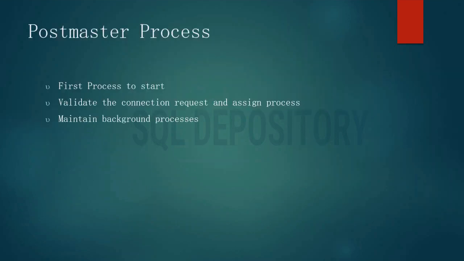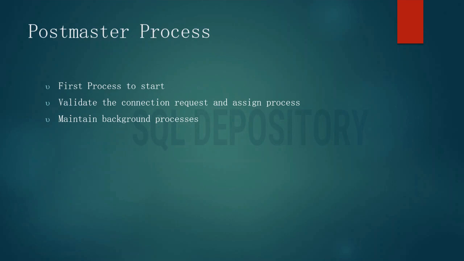The Postmaster process. We have already discussed this process, but let me discuss it again. This is the first process to start, which means whenever you start your Postgres instance, this is the process that comes up first. It validates the connection request and assigns a process. Whenever the Postgres instance has any request, it will authorize and authenticate the request, and then it will assign a process to it.